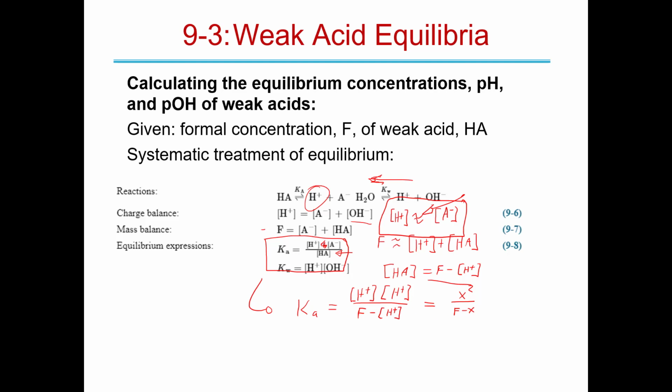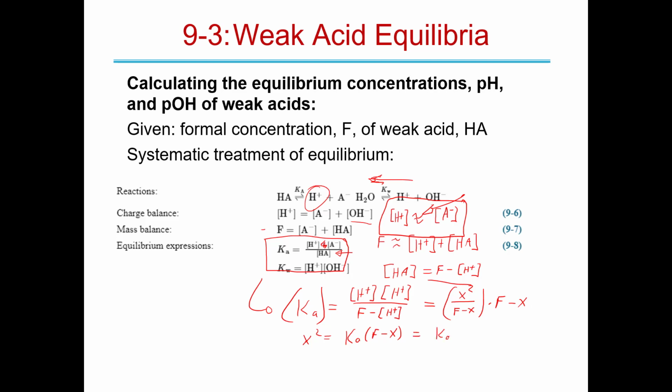So if we want to, we can rearrange this equation so that X squared is equal to... What we're going to do is take this equation and multiply both sides by F minus X. And we'll end up with X squared equaling Ka times F minus X. Distribute the Ka through the parentheses.